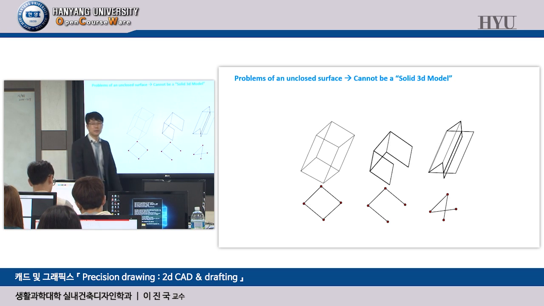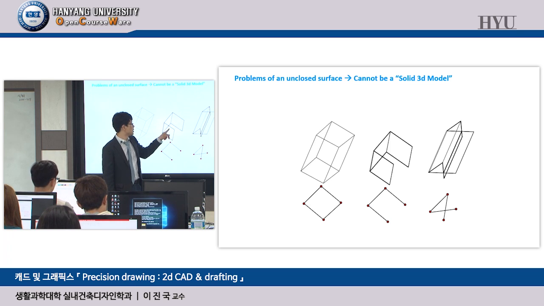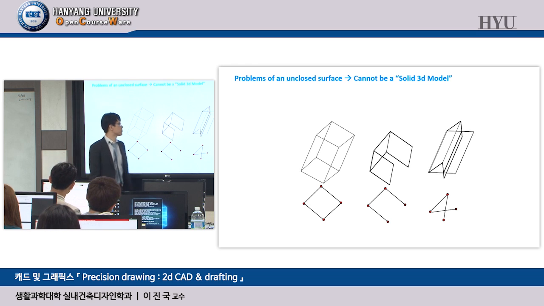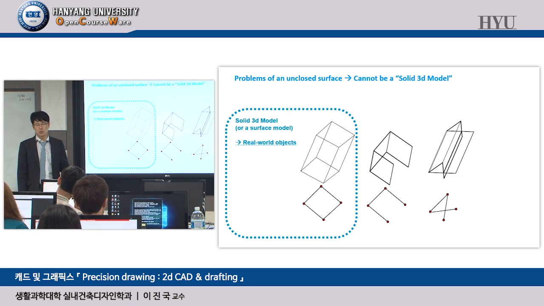Those two are surface-based 3D models. In the real world, there are no such objects, okay? No such things. Zero thickness, but 3D, it's not possible, okay? So in this area, this is the so-called 3D solid model. In the real world, I told you, we're not going to deal with games or virtual things.